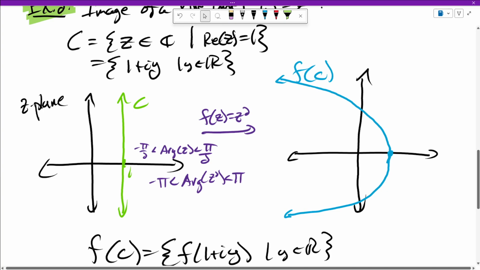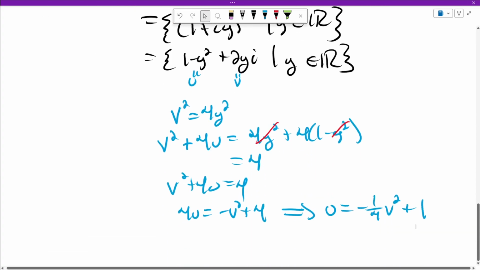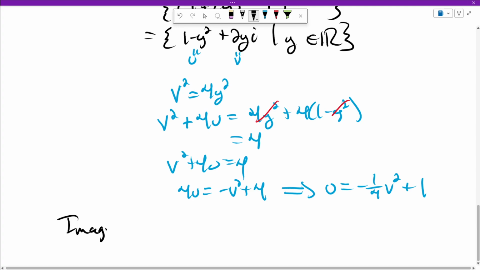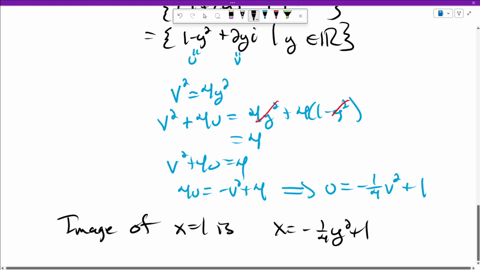It passes through 1. When v is 0, we get u is 1. And that's it. So we found it. So in this case, the image of a line is a parabola. So the image of x equals 1 is the parabola x equals negative 1/4 y squared plus 1, or you can keep the u and v variables.